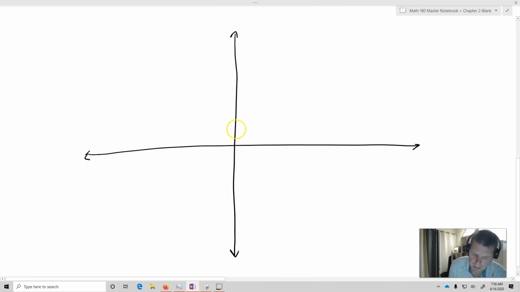If you remember, we had the Heaviside function. There that is.